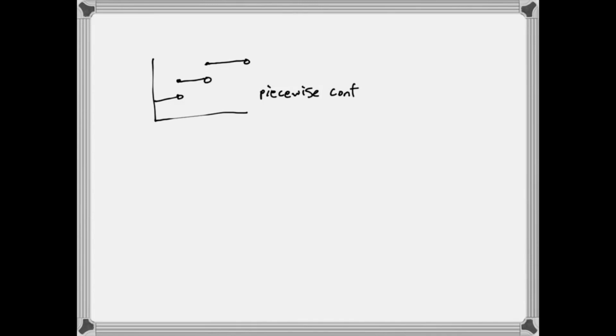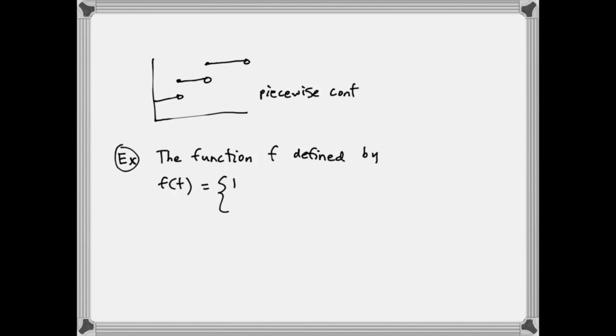All right, let me just write an example here. The function f defined by f of t is equal to t squared plus 1, 2 minus t, and 1.